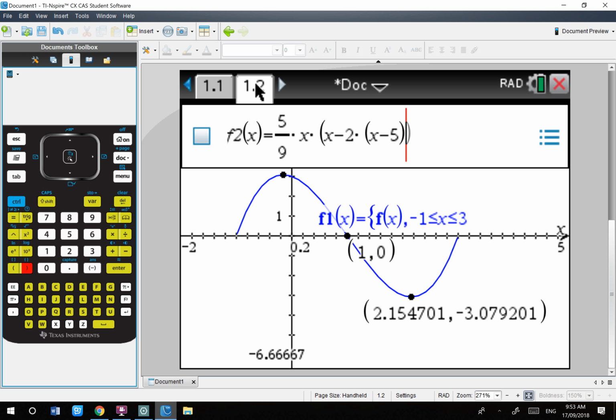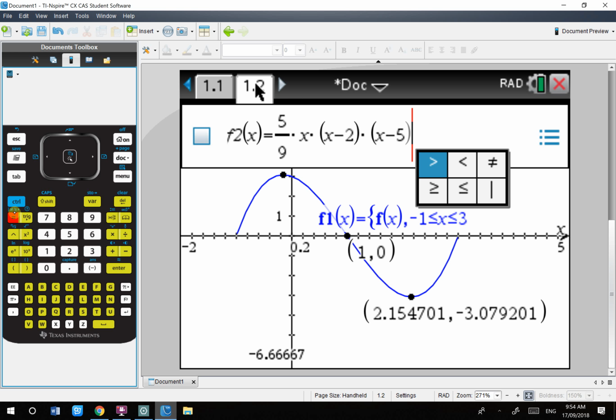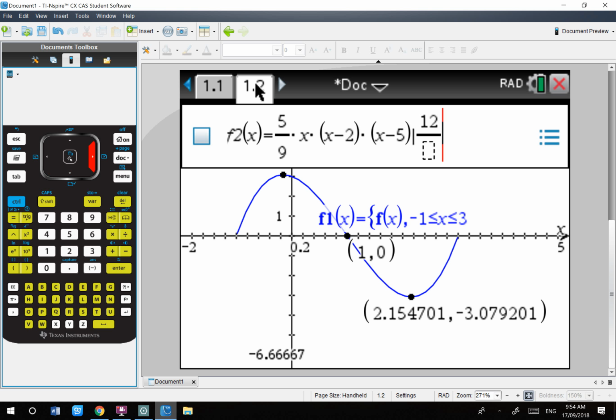Okay, don't forget you want to restrict the domain. You will press Control and equal to have this bar here. And what's my x value? My x value is 1 over 2.